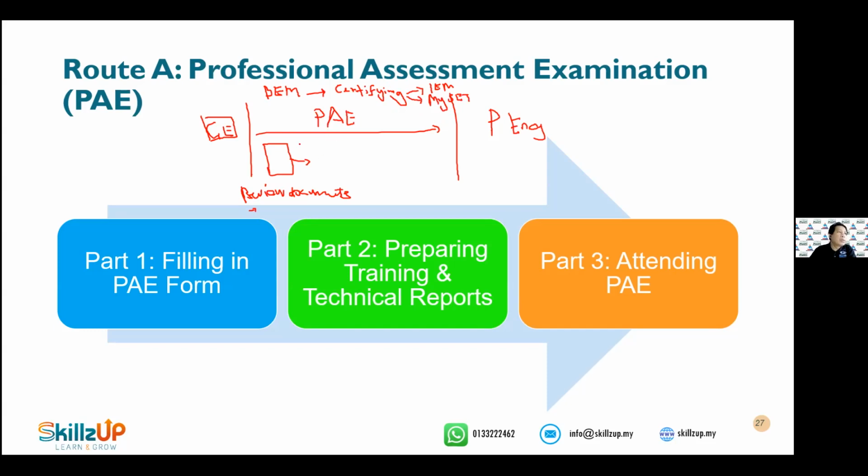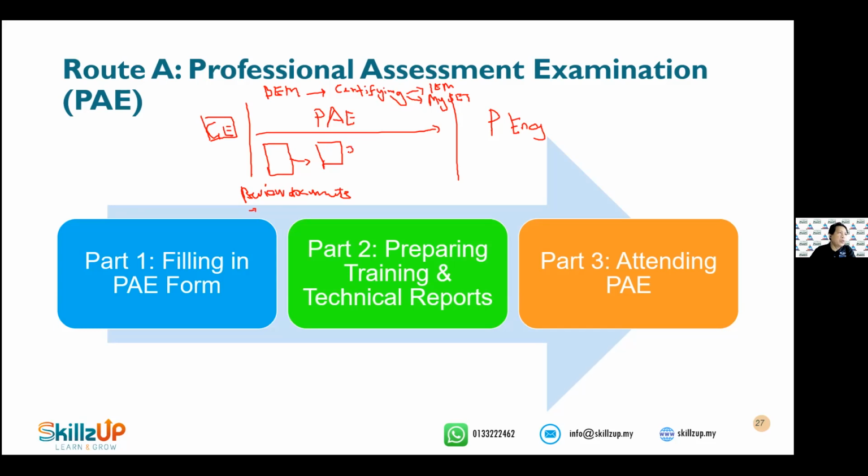Right. So once the document review is completed, they will pass your application to the certifying body. Then they will appoint what we call a lead examiner as well as a second examiner.